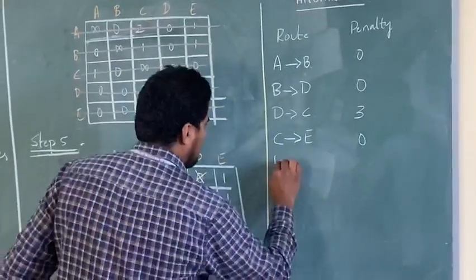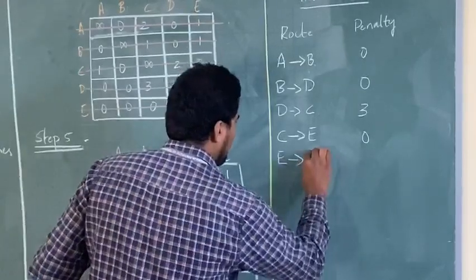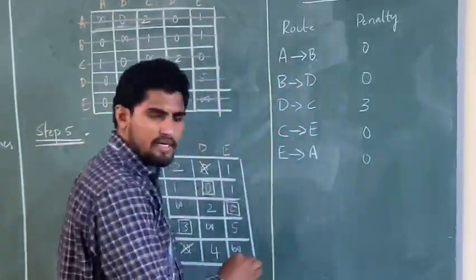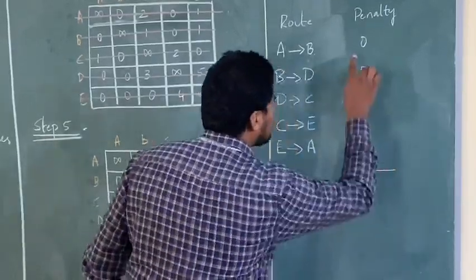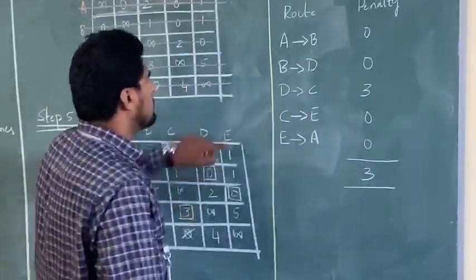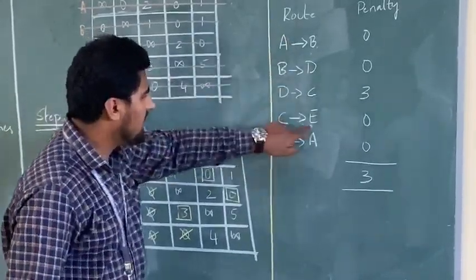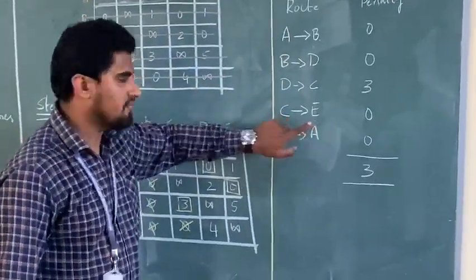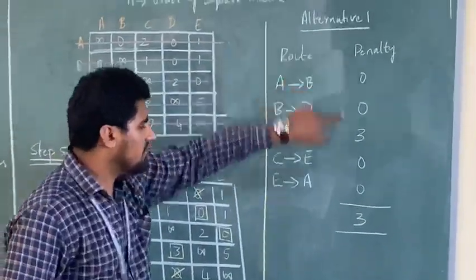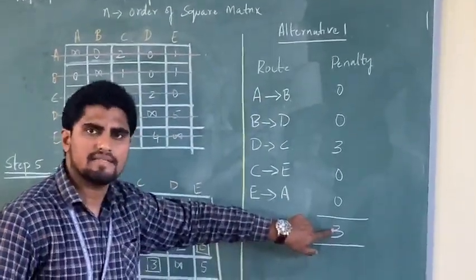Finally, from city E, I have moved to city A. The penalty is 0. If I add all this, the penalty will be 3. I started with city A and ended with city A. So in alternative 1, I got the penalty as 3.